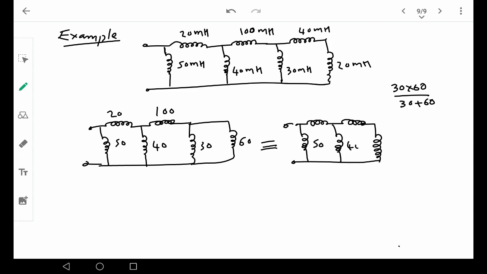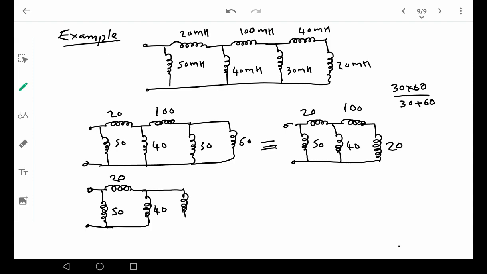Fifty, 40, 20, 100, okay, 30 and this is 20, okay. Again, you can reduce it. Okay. You can reduce it like this. Again do.